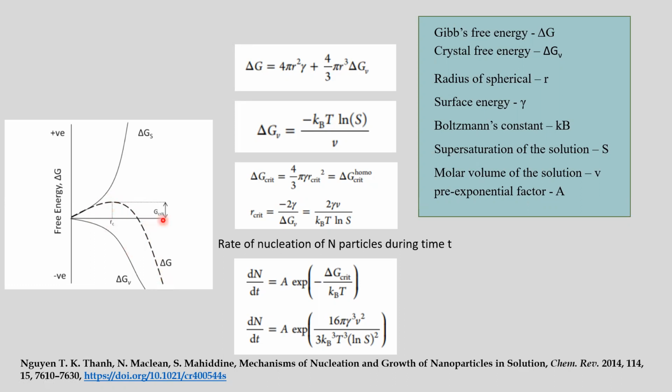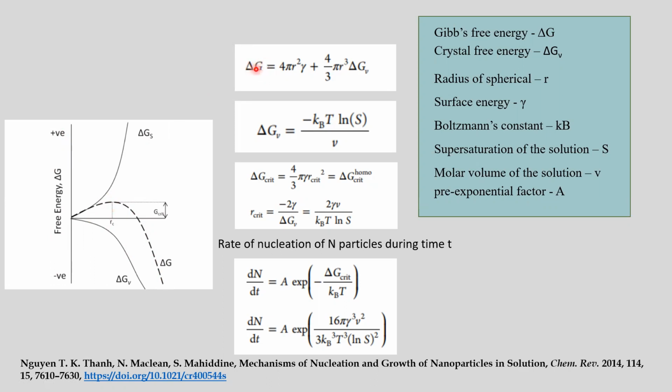At that time, the nucleus undergoes further growth. And for the value of delta G, the Gibbs free energy, we have two variables here.